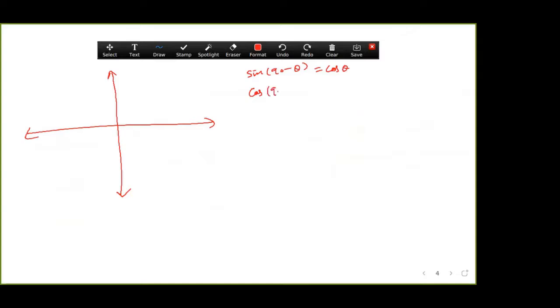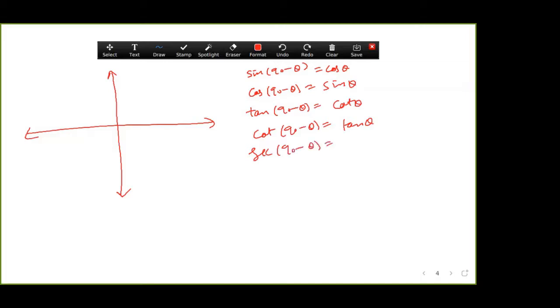Cos 90 minus theta is sine theta. Tangent 90 minus theta is cot theta. Cot 90 minus theta is tangent theta. Secant 90 minus theta is cosecant theta. And cosecant 90 minus theta is equal to secant theta.